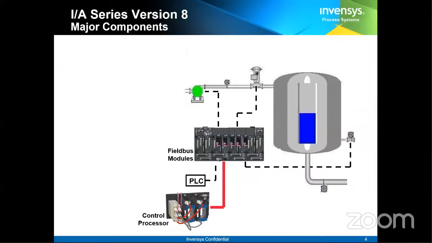Inside the processor, we have developed a logic or program in which we have defined a control loop where we have an input block, a PID block, and an output block. The input block provides the digital input it has received from the field, and the input is given to the PID. The PID then executes the PID algorithm.